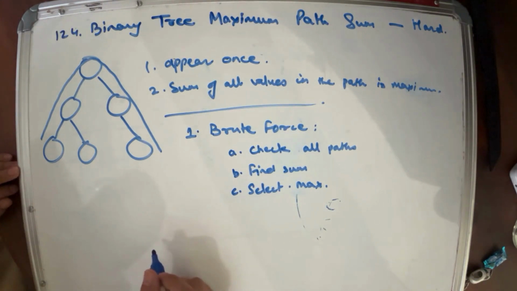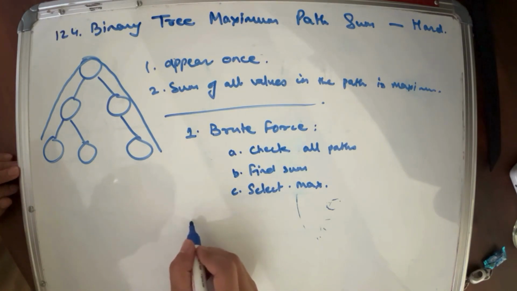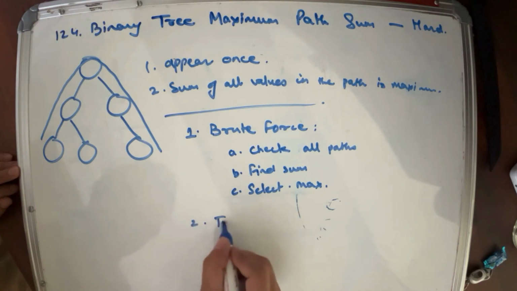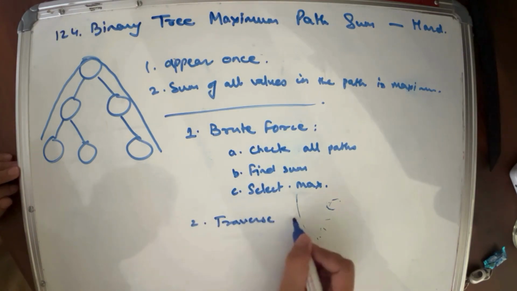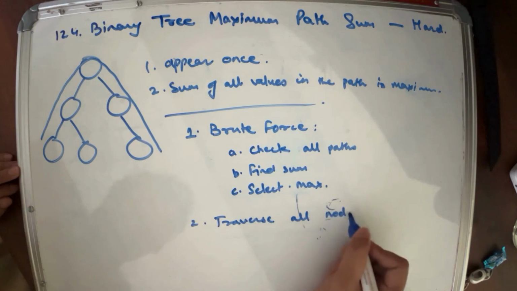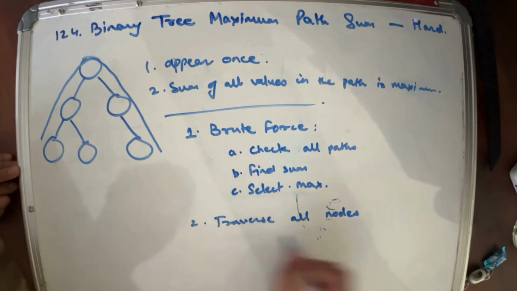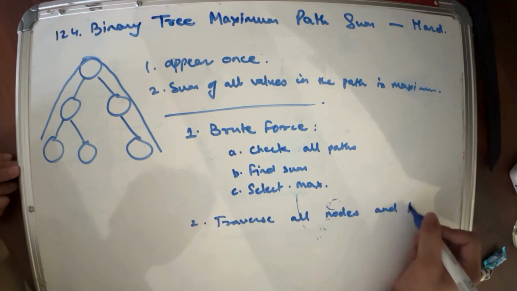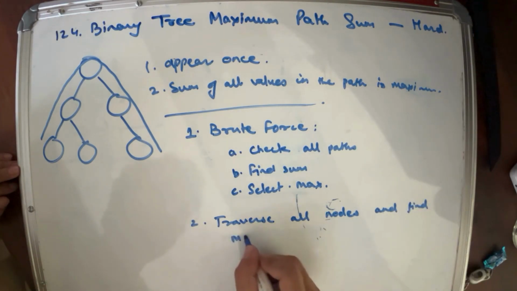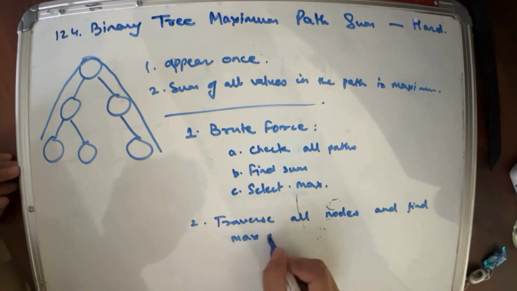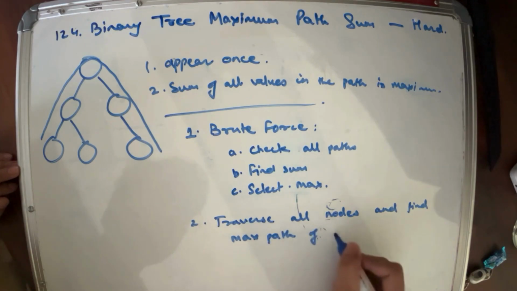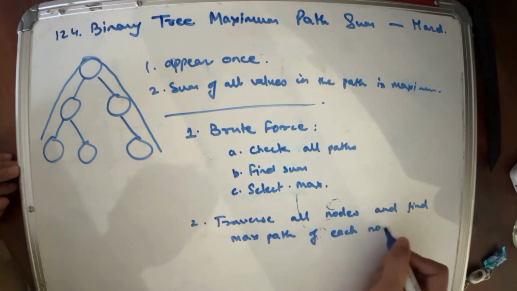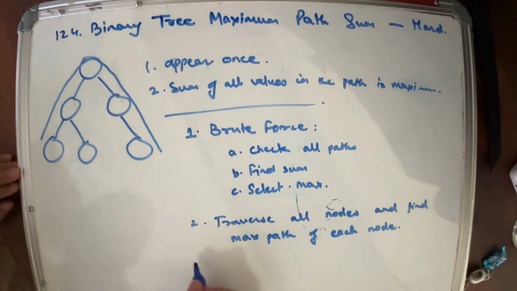What can be the other thing? The other thing can be we traverse all the nodes, right? And find the max path of each node, right? Okay. So first we'll have to go to every node.